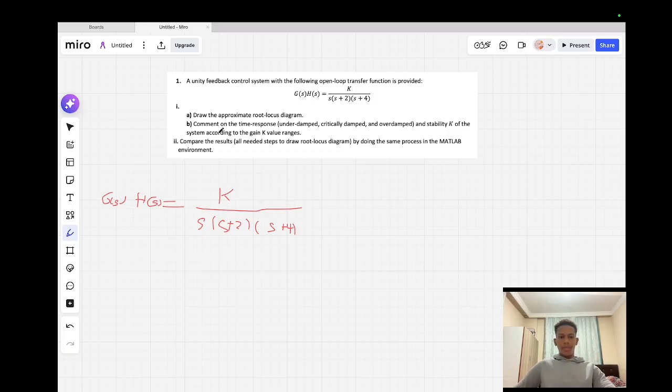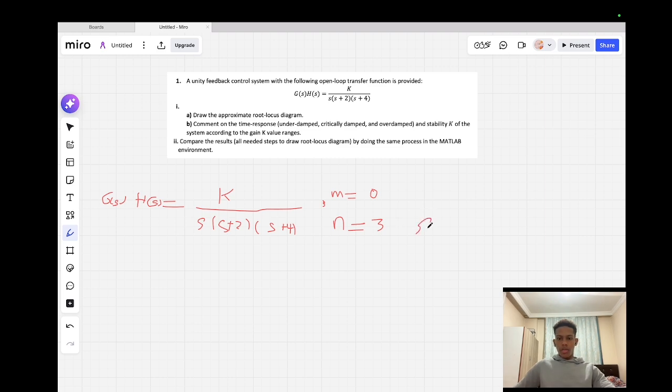The first question is to draw the approximate root locus. So firstly, we need to find the number of zeros. The number of zeros m is equal to 0 because there is no s in the numerator, and n, the number of poles, is equal to 3 because we have 3 s here.